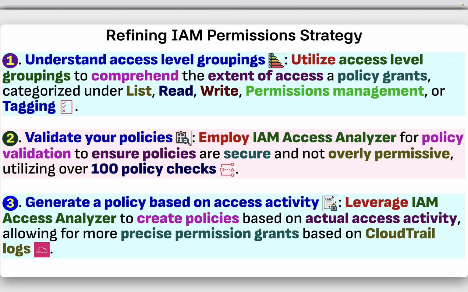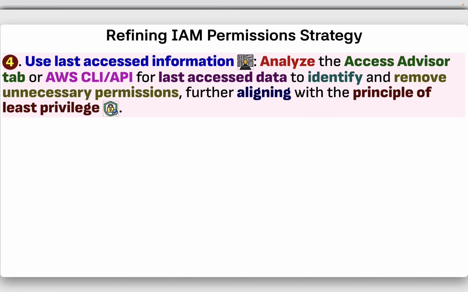Generate a policy based on access activity. Leverage IAM Access Analyzer to create policies based on actual access activity, and this allows for more precise permission grants based on the CloudTrail logs. Use last access information: access the Access Advisor tab or the AWS CLI or API for last access data.